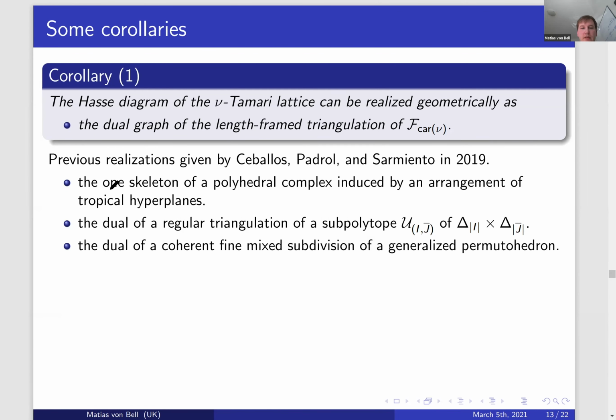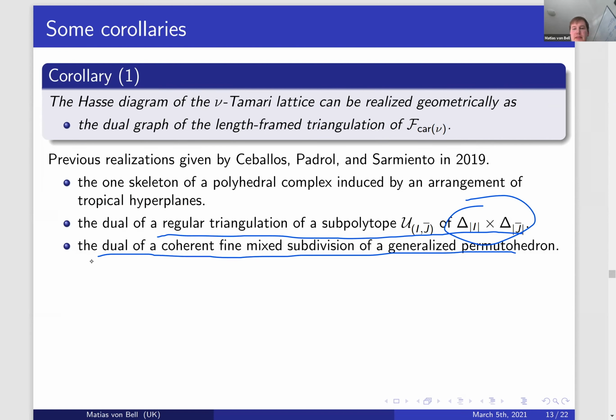The three that they gave were: one, the one-skeleton of a polyhedral complex induced by an arrangement of tropical hyperplanes that they called the nu-icosahedron. Another is the dual of a regular triangulation of the subpolytope Uij of a product of simplices. And the last one was as a dual of a coherent fine mixed subdivision of a generalized permutahedron. But don't ask me about this one, I'm not as familiar with it.